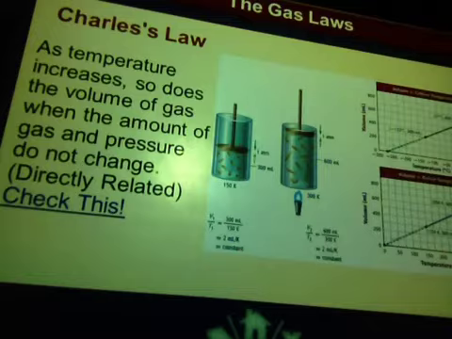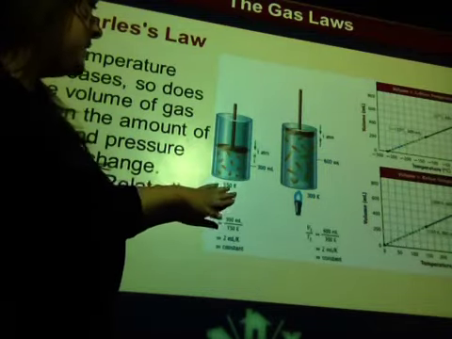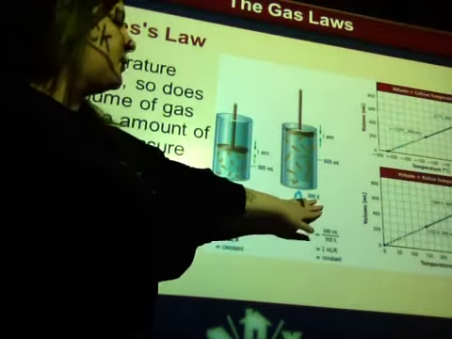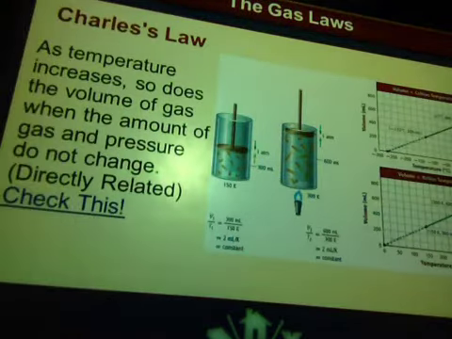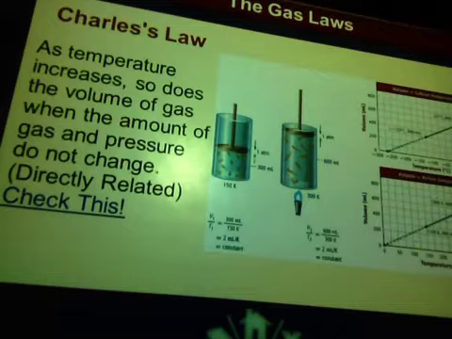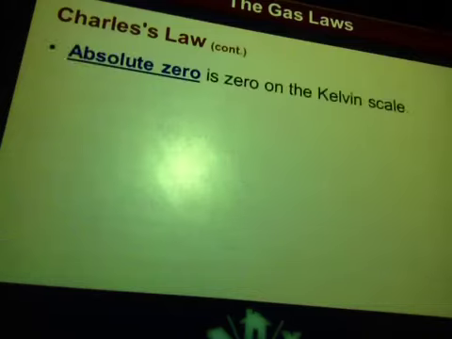I started off with 150 Kelvin at 300 milliliters, I heated the sample to 300 Kelvin, and now I'm at 600 milliliters. My temperature increased, my volume also increased. So Charles's law is dealing with volume and temperature, and they are directly related, meaning what happens to one happens to the other.